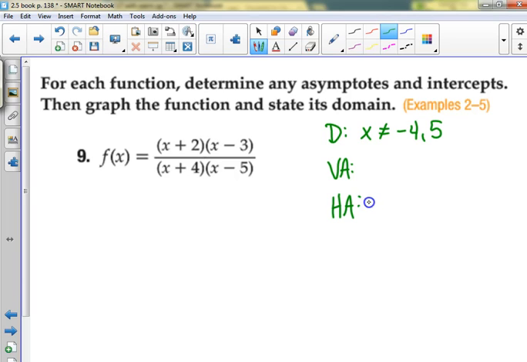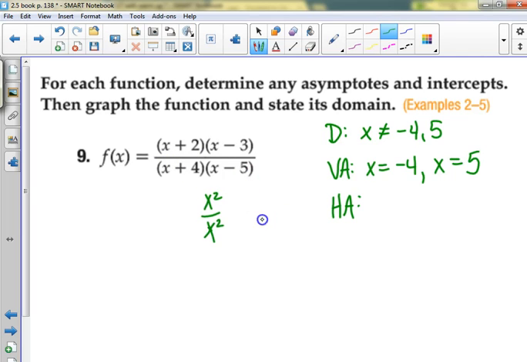You writing this down? So there are 2 vertical asymptotes because there's no holes, right? We always got to look for holes before vertical asymptotes. There aren't any, so x equals negative 4 and x equals 5 are both vertical asymptotes. Horizontal, if I foiled that mess together, I'd have what?